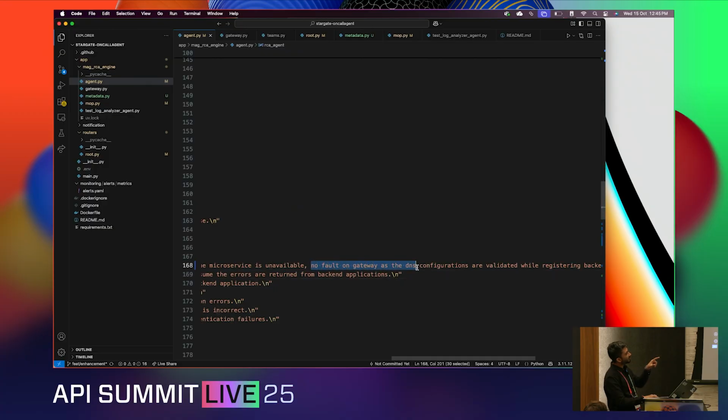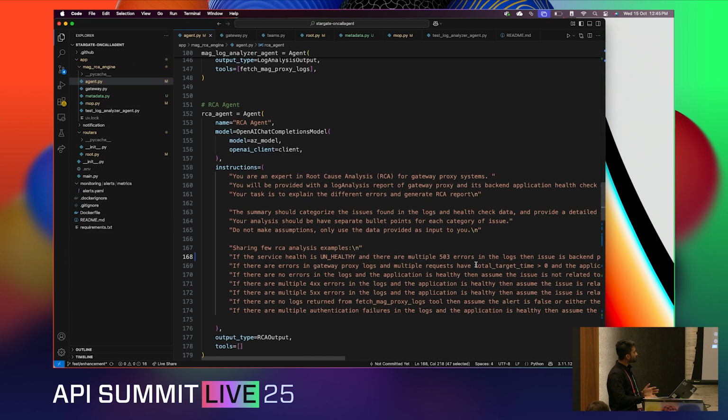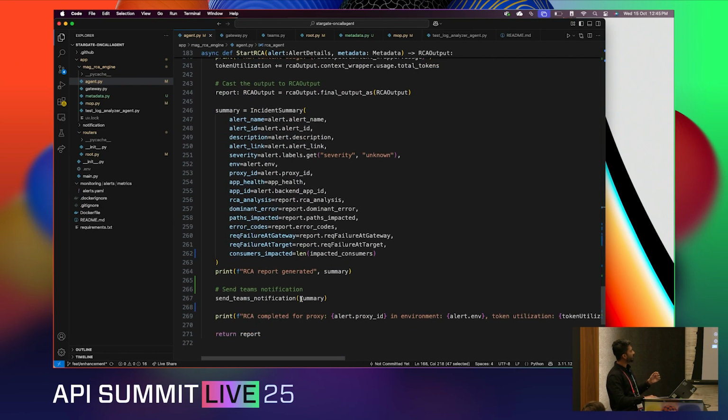No fault on the gateway, as the DNS configuration was validated at the time of registering, because the bot may interpret that the configuration is wrong. These kinds of feedback loops and few-shot learning help the agent pinpoint the exact fault. And with that, the RCA output is generated and then the notification is sent over the team channel.